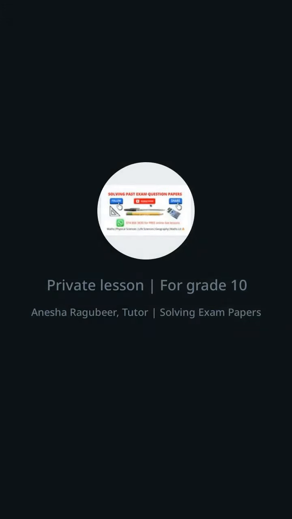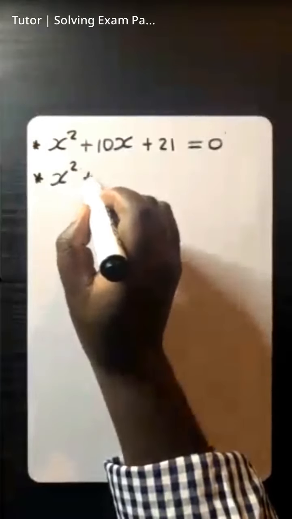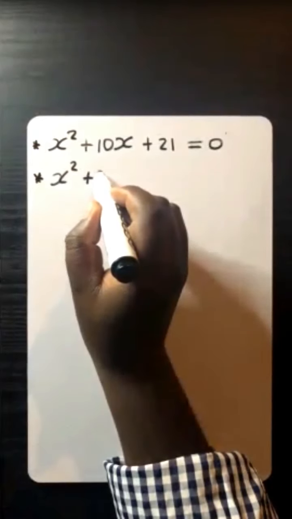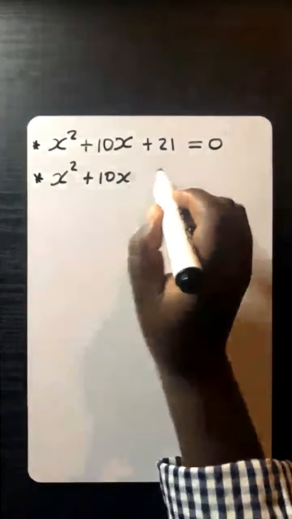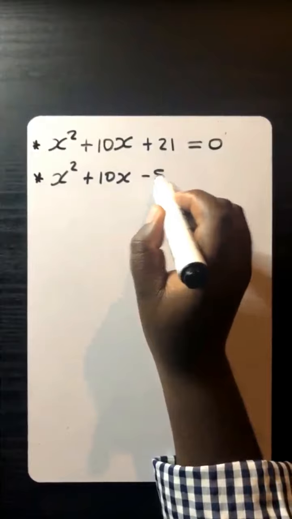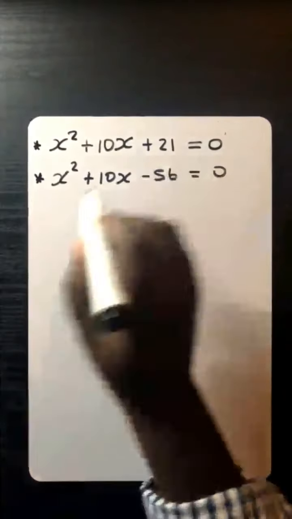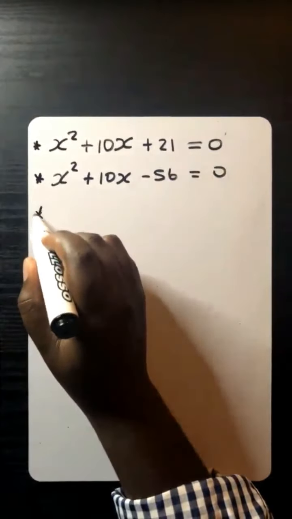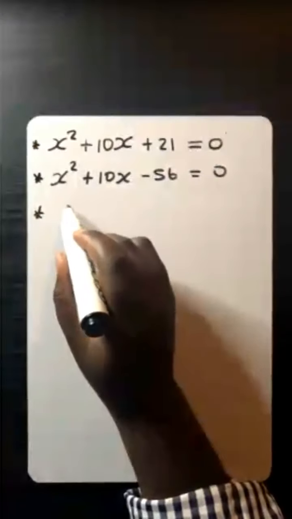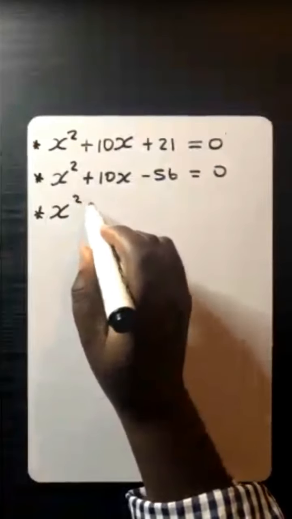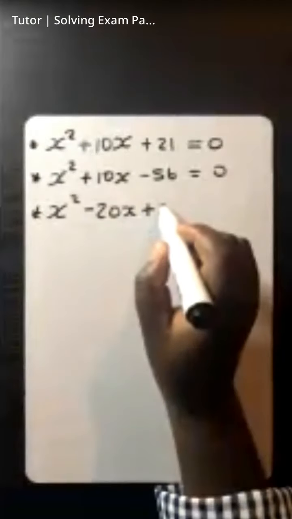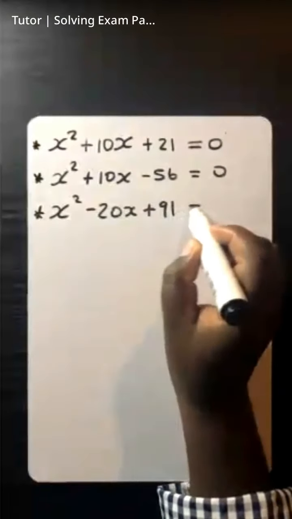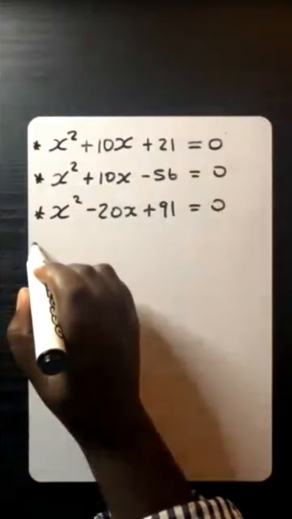So the second one was x squared plus 10x minus 56. Okay, that's correct. And then the other one was x squared minus 20x plus 91, equals 0.